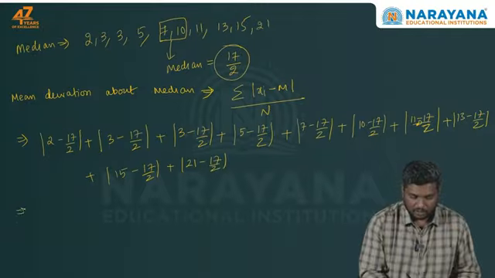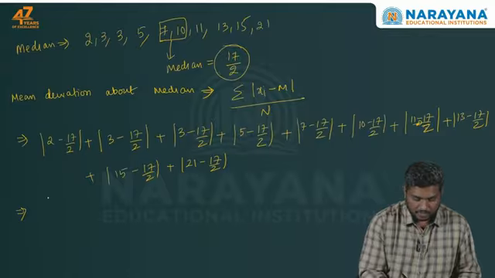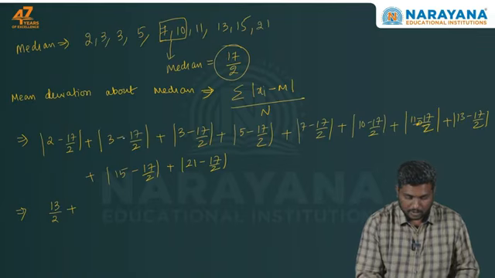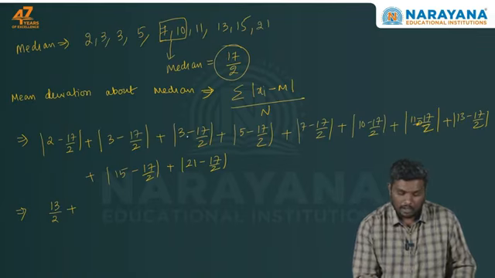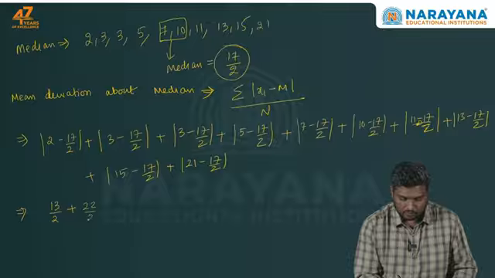So let me find the sum first of all. 4 minus 17 is 13 by 2, plus 6 minus 17 is 11, 11 plus 11, 22 by 2.